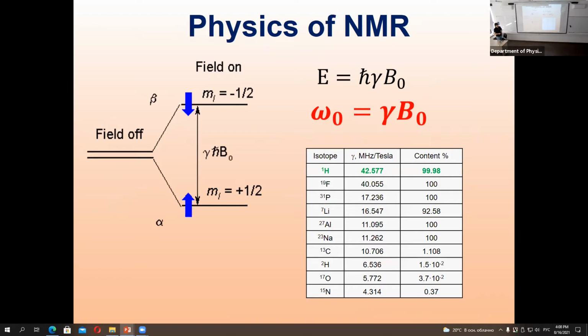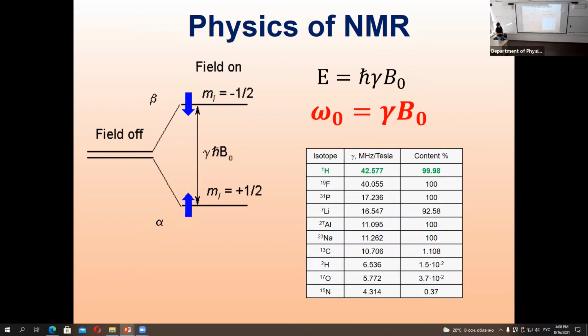So, very briefly, can I stand on that? Yeah, might be of some interest. Okay, we have the magnet. In this magnet, we place a sample, and let's say quantum physics.